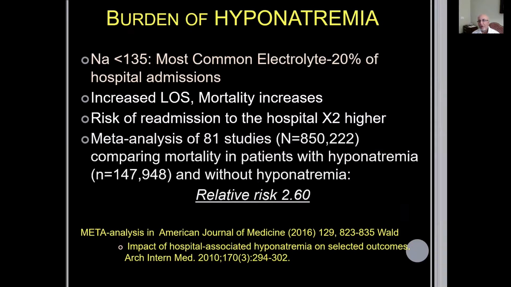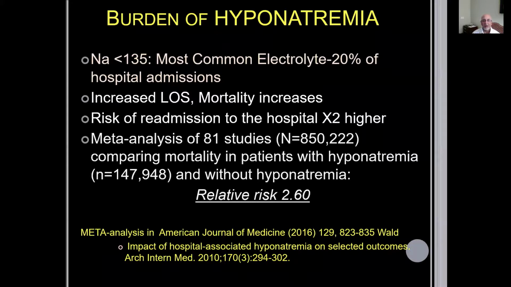Hyponatremia is the most common electrolyte problem and accounts for about 20% of hospital admissions. It results in increased length of stays, and the mortality increases very significantly. The risk of readmission to the hospital is also significantly higher, and there is significant morbidity associated with hyponatremia, including falling episodes.